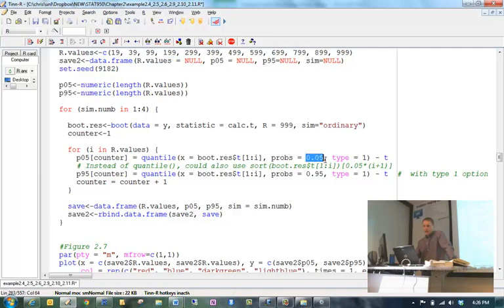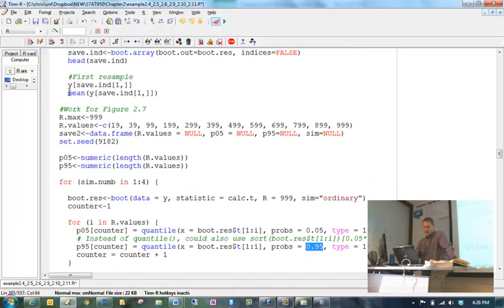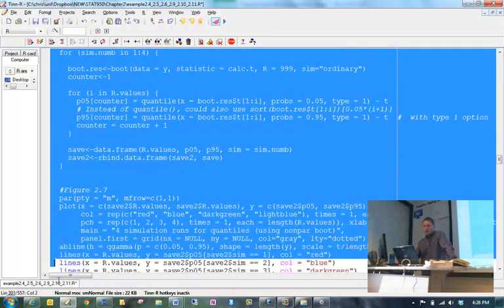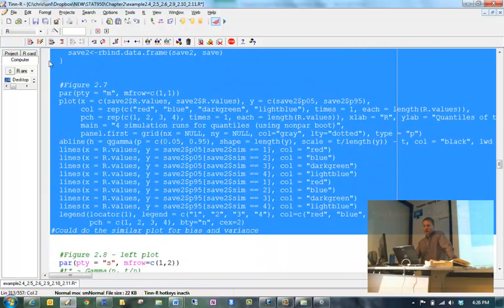I'm going to find the 0.05 quantile, do that for the 0.95 quantile, save all the results, and produce a plot in a very similar manner to what we did last time.